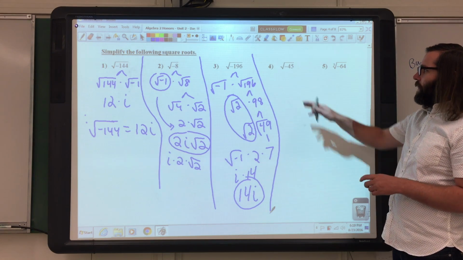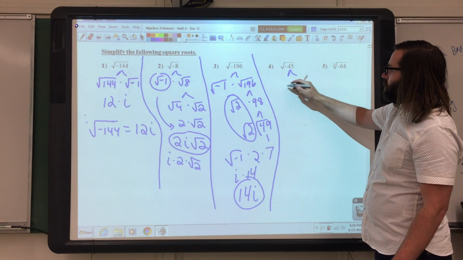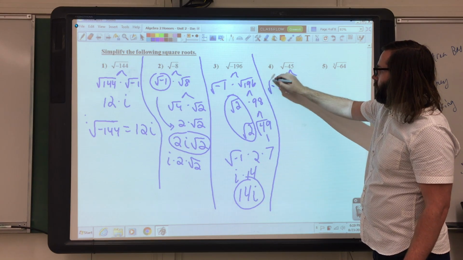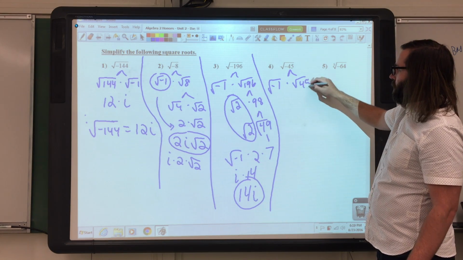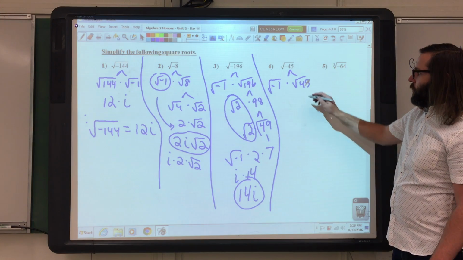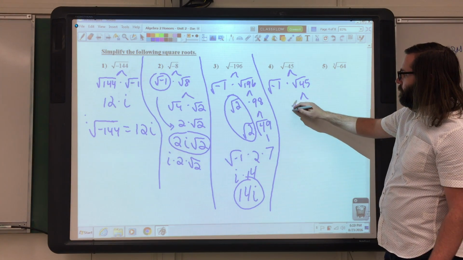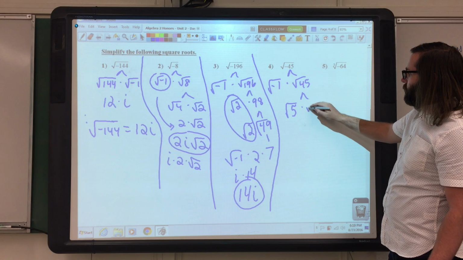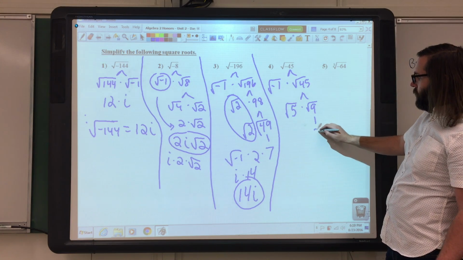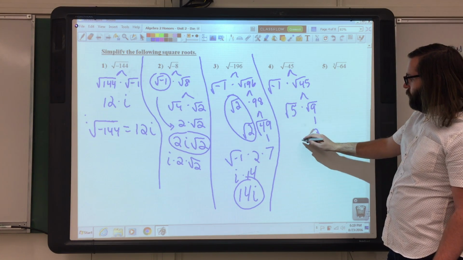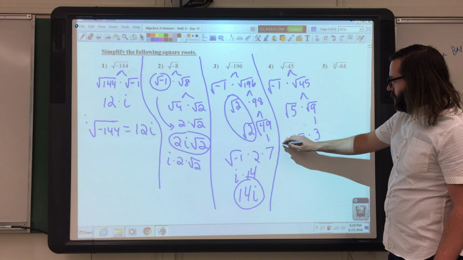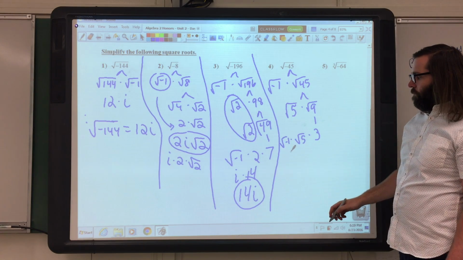If we take a look at negative 45, you could say this is negative square root of negative 1 times the square root of 45. So we can break this down into square root of 5 times the square root of 9. We know this is 3. We're left with the square root of 5 and the square root of negative 1.